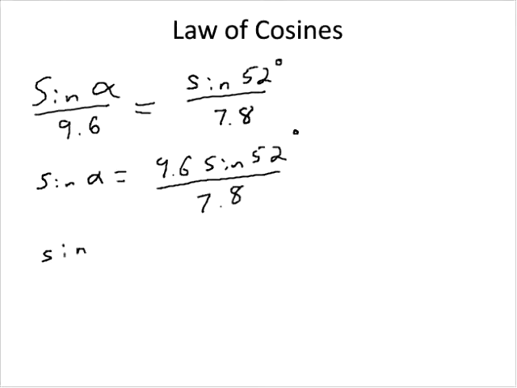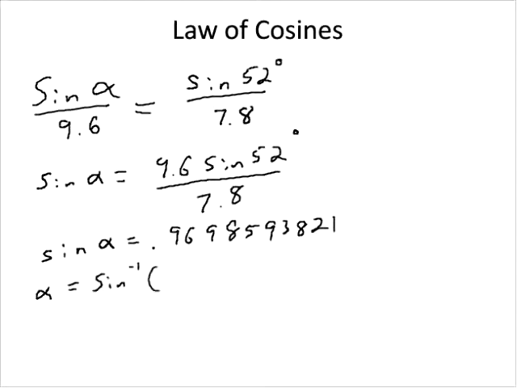Now when I pop that into my calculator, I get sine of alpha should be equal to 0.9698593821, I think, is what I get. So alpha itself should be the sine inverse of that same number, 0.9698593821.